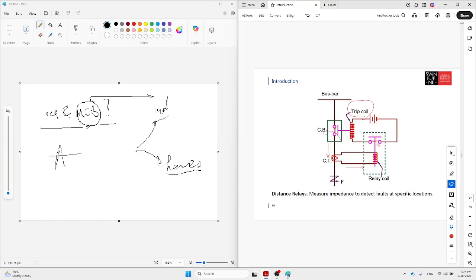For your information, the MCB includes all the important parts to remove the fault in the power system. But the overcurrent relay needs a circuit breaker, a trip coil, and extra auxiliary devices in order to operate correctly.